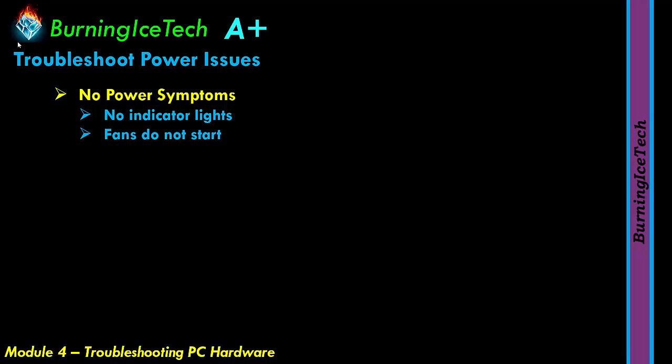But if all the fans don't come on, that is pretty bad, and that's pretty definitive that something is wrong. Something funky is going on here. So no lights and no fans could be a very sure sign that something is going on with this PC, and it's probably power related then. Now, here's a list of possible causes for you guys. I'm going to give you a bit of a list of possible causes.